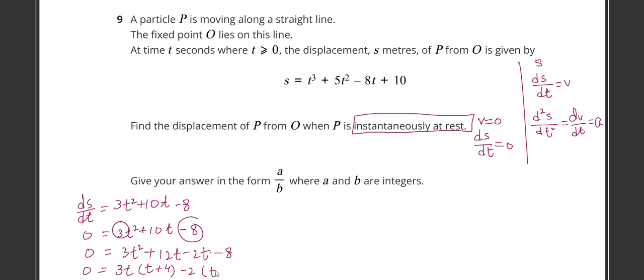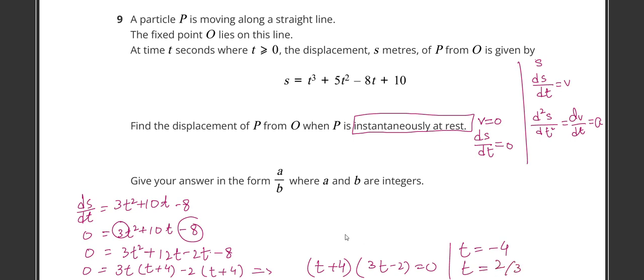Minus 2 common, we can have t plus 4 as well. Then we can take t plus 4 common from here, and we will have 3t minus 2 is equal to 0. Then we can write down t is equal to minus 4 and t is equal to 2 over 3.